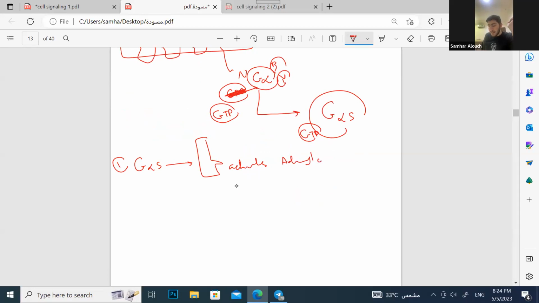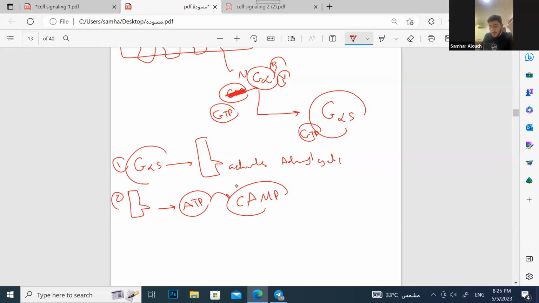What does adenylyl cyclase do? Now we have adenylyl cyclase that goes to the ATP and converts it into cyclic AMP. And cyclic AMP is different than AMP and different than ATP. Adenylyl cyclase is an enzyme that goes to ATP and converts it into cyclic AMP.